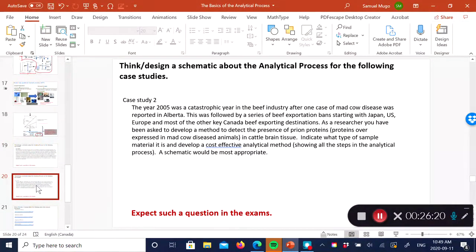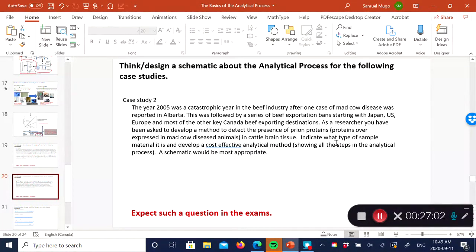Maybe another good problem: in 2005, there was a catastrophe in the beef industry here in Alberta with mad cow disease. This was followed by a series of beef exportation bans in the major exporting countries for our beef. As a researcher, you've been asked to develop a method to detect the presence of the critical biomarkers expressed in mad cow, the prion proteins that are overexpressed in diseased animals, often in the brain of the animal.